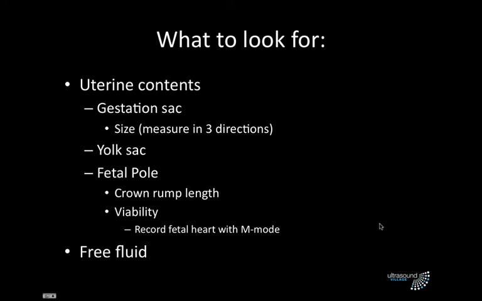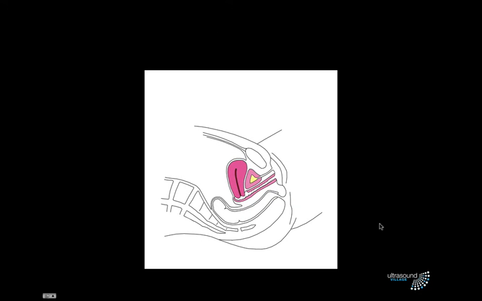What about free fluid? Well, this is our anteverted uterus. You'll remember that well. When you start getting fluid, not surprisingly, it collects dependently. A little bit of fluid collects in the pouch of Douglas between the uterus and the rectum, just here. As you get more fluid, it gets more obvious, and fluid is black on ultrasound.